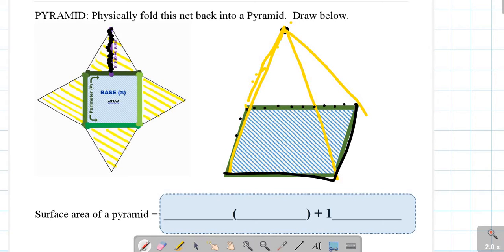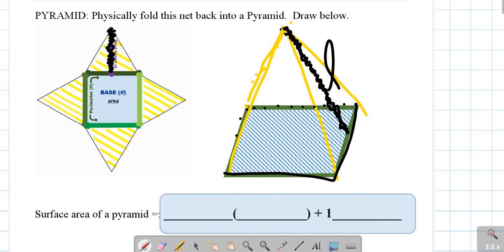Now, the height of the triangle is what's called the slant height of the pyramid. It is the height of the pyramid going down sideways. Super important: it's not the internal height of the pyramid. That's called the slant height. We use an L for slant height.